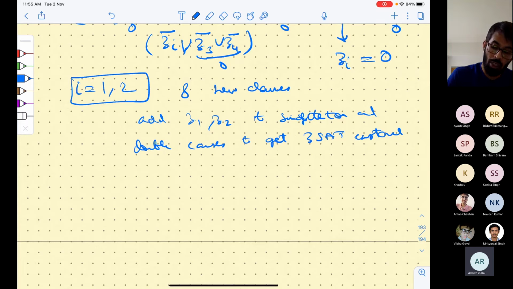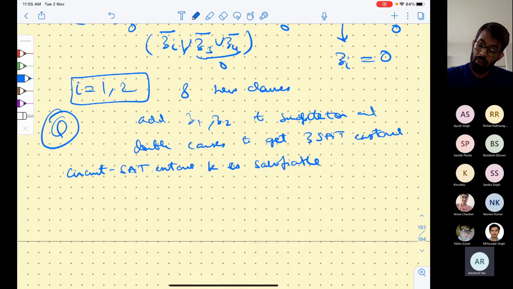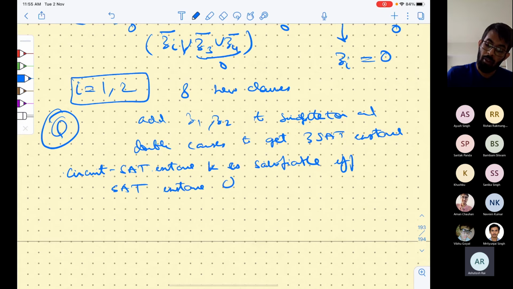And then what we can show is that circuit SAT instance K is satisfiable, let's say that this formula that you get is phi, if and only if SAT instance phi is satisfiable, right?